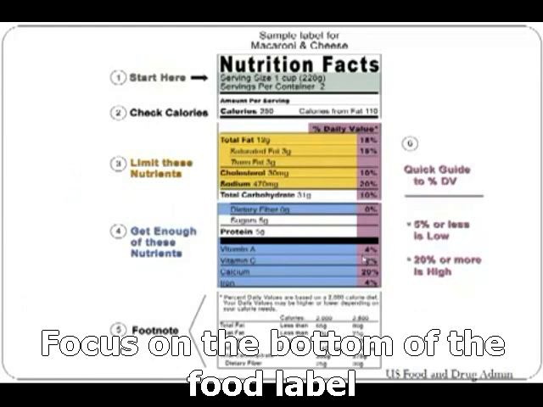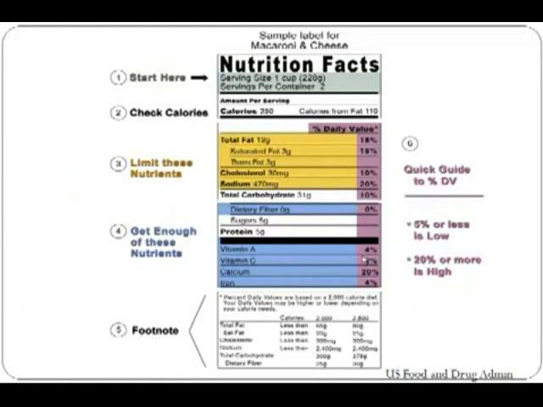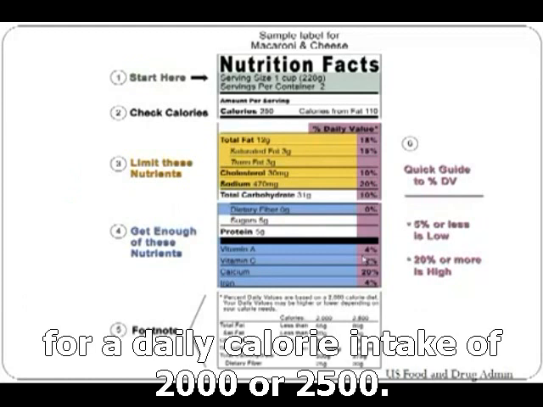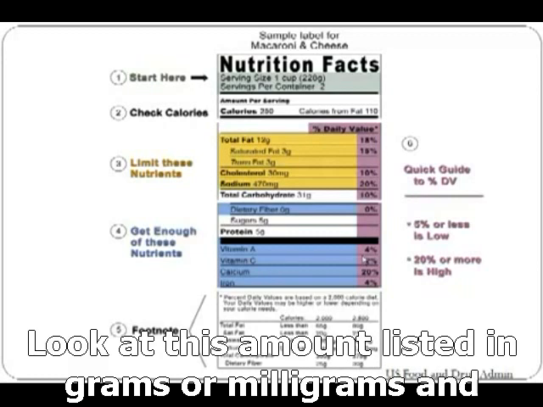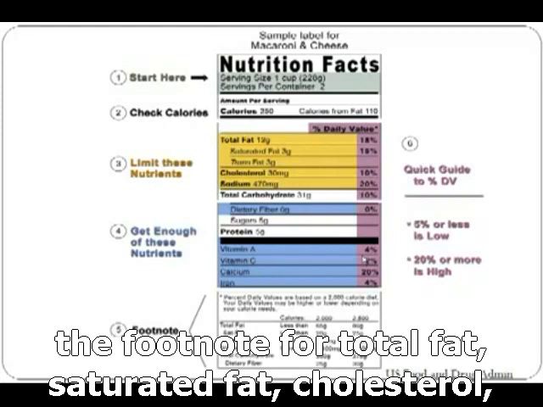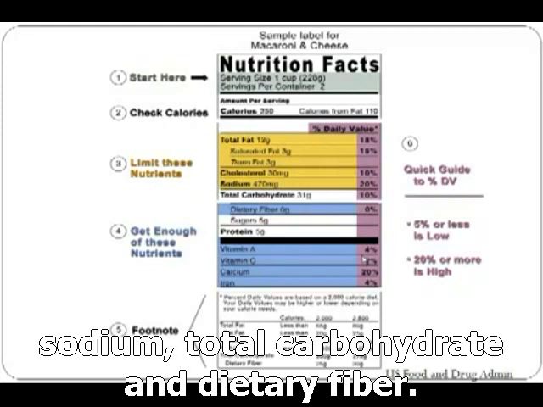Focus at the bottom of the food label where you see the word footnote. The footnote is shown as a table for a daily calorie intake of 2,000 or 2,500. Look at this amount listed in grams or milligrams in the footnote for total fat, saturated fat, cholesterol, sodium, total carbohydrate, and dietary fiber.